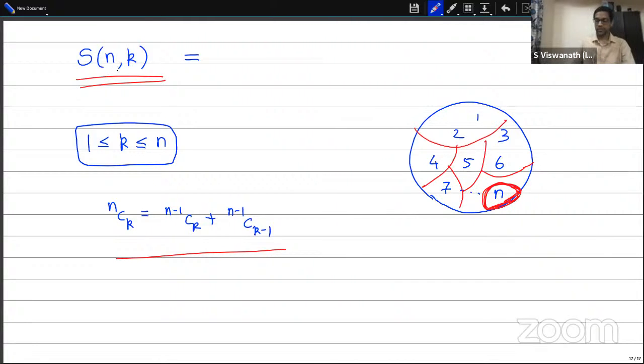So this partition has one of its blocks being just n itself. And the other kind is the partitions in which n occurs together with some other numbers. n is alone, n is not alone. Those are the two cases we look at. First case, n occurs alone.